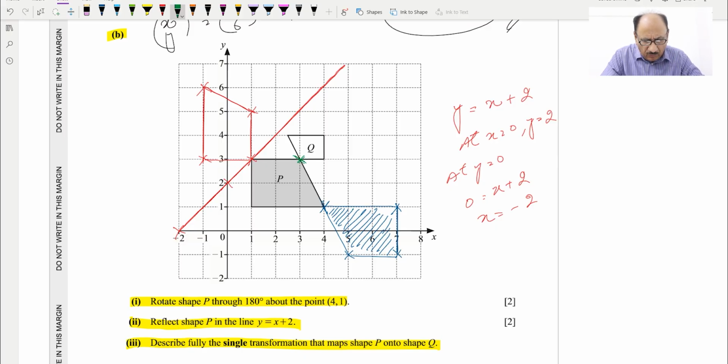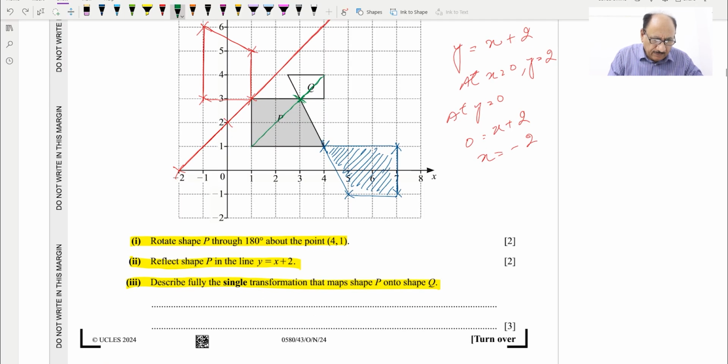You can see all these points are intersecting at this point, which is 3 and 3. So we will say this is enlargement, and center of enlargement we can write 3 and 3, and scale factor we have to provide.